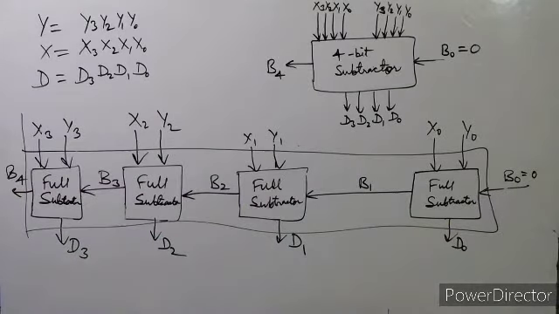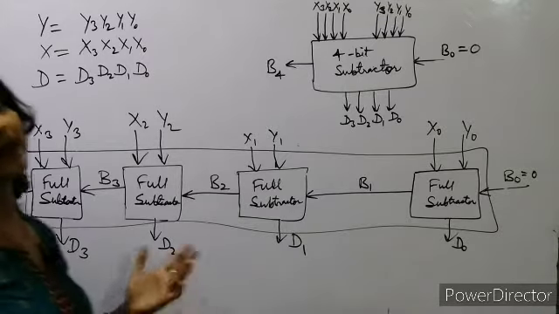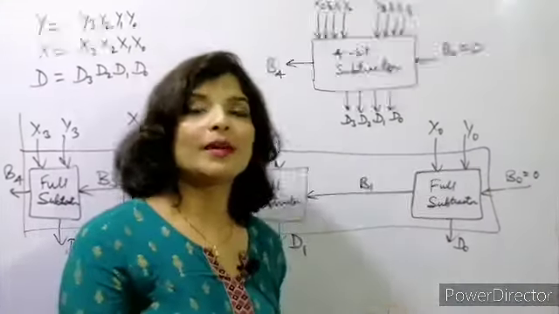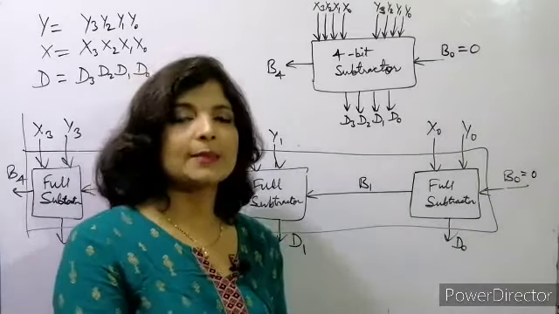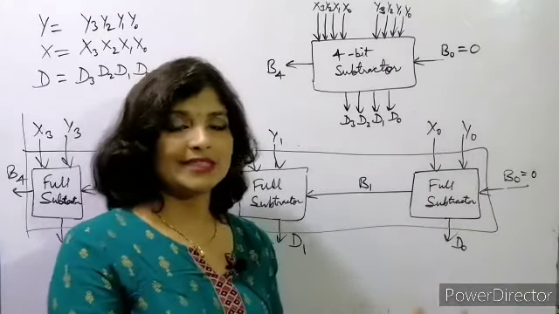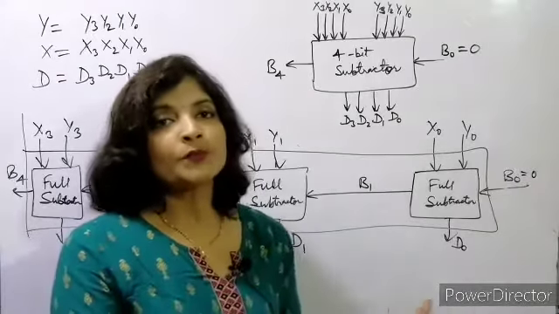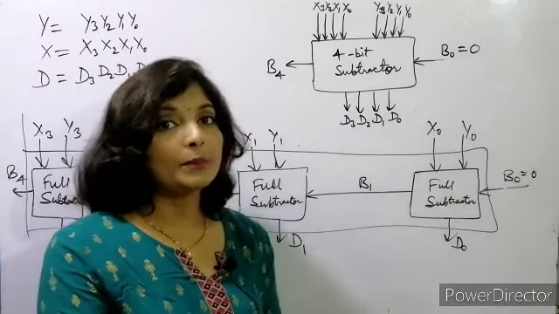So this is the borrow ripple subtractor for a 4-bit subtractor. For a subtractor of any number of bits we can design the circuit as a borrow ripple subtractor.